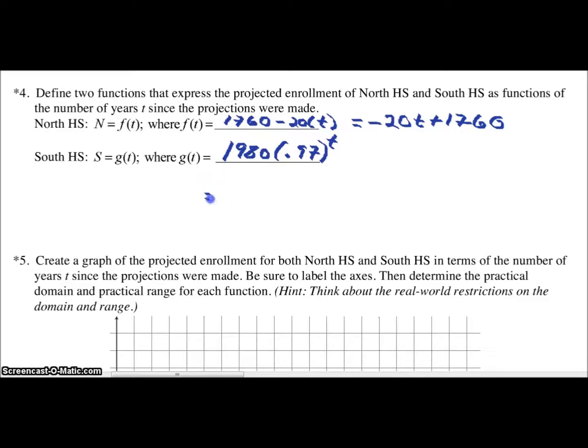You should confirm that these equations work to generate the tables. Just plug in t equals 1, t equals 2, t equals 3. If you don't already understand these formulas, just take a second and look at the table and see how they work.